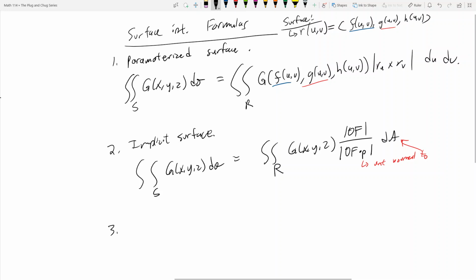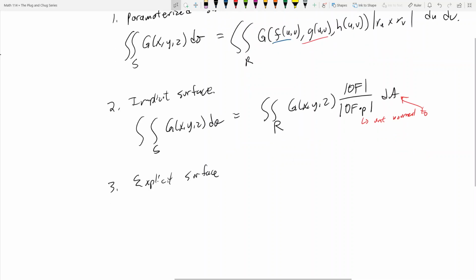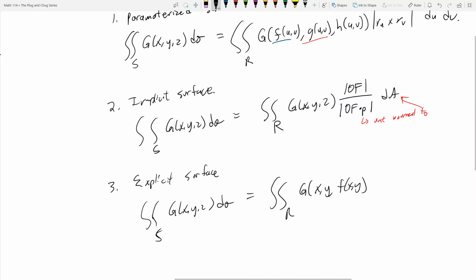And thirdly, we have an explicit surface, where the double integral of g of x, y, z d sigma is equal to the double integral over R of g of x, y, f of x, y times the square root of f partial x squared plus f partial y squared plus 1 dA.